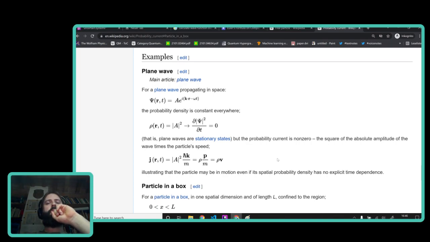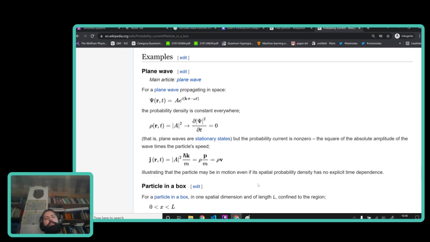It is the square of the absolute amplitude of the wave times the particle's speed, illustrating that the particle may be in motion even if its spatial probability density has no explicit time dependence.